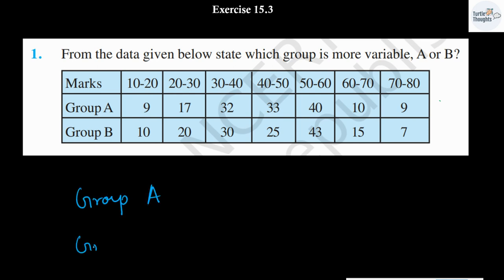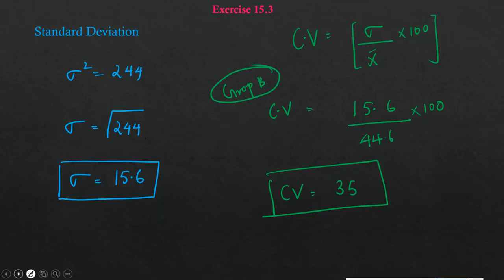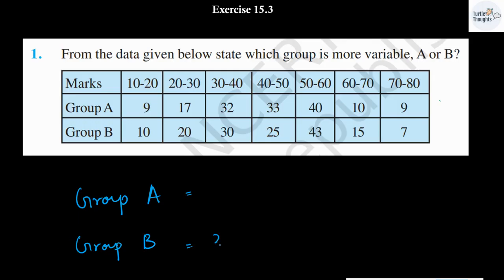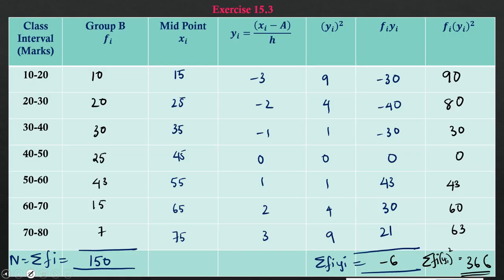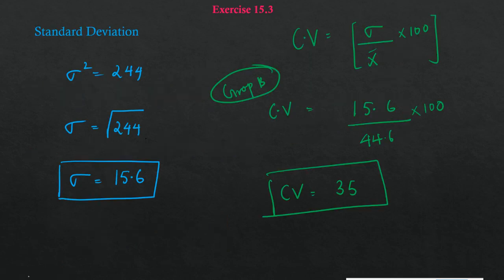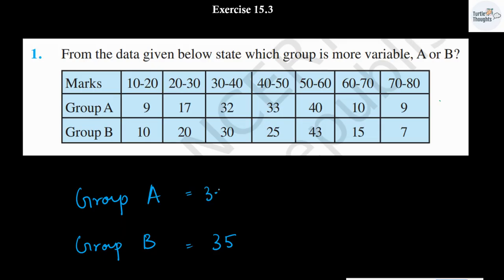Whichever is having the highest value of CV, that is going to be the most variable, or the more variable value. So here CV for group B I have got as 35, and for group A I have got as 33.8, right?